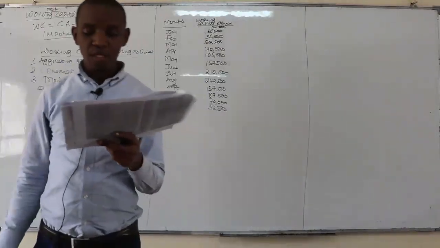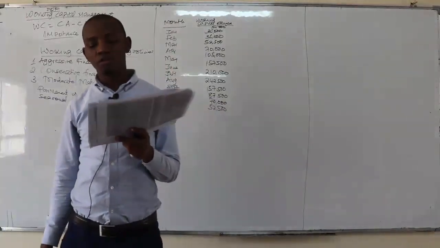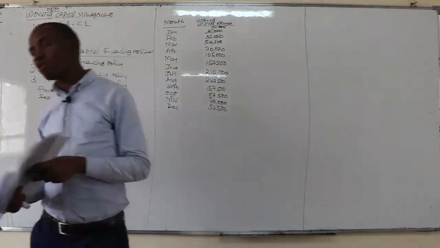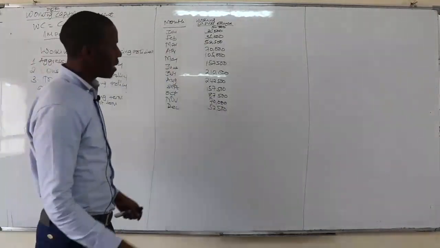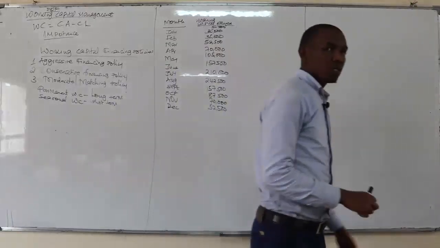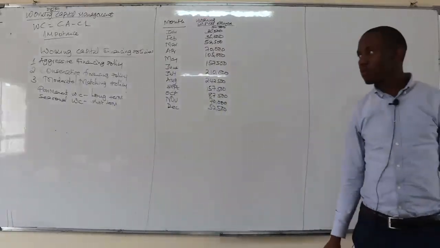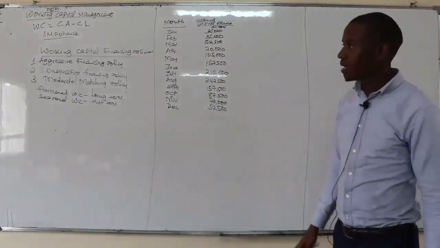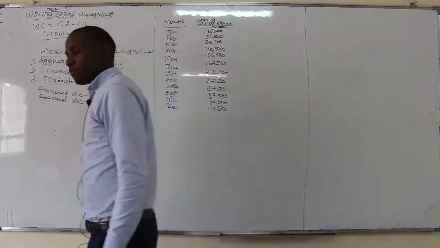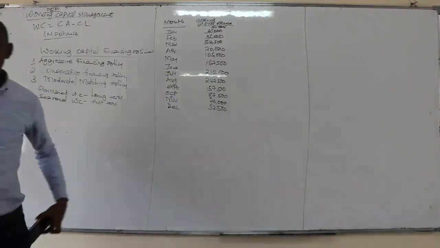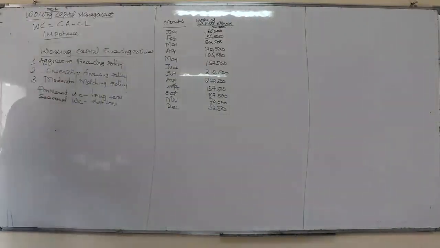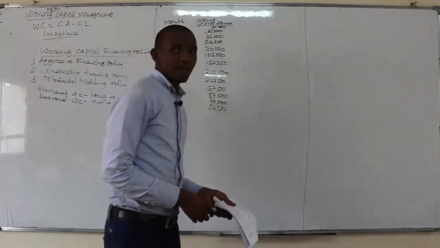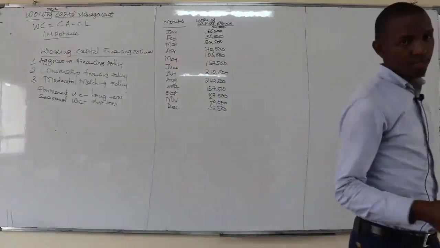And then number 2, the total cost of working capital finance for the company using Roman 1, the aggressive financing policy, Roman number 2, the conservative financing policy, and Roman number 3, the moderate financing policy.